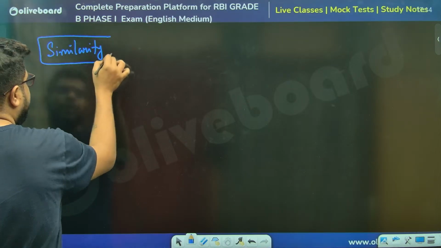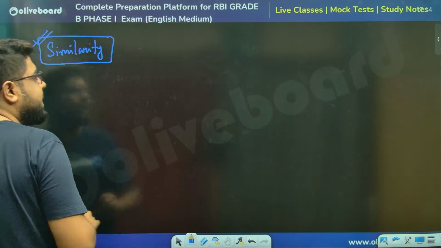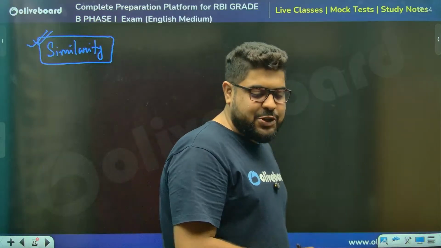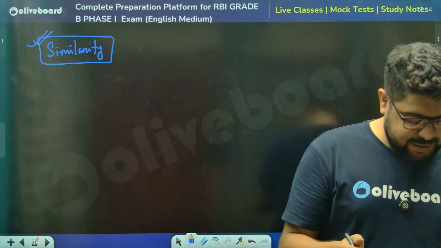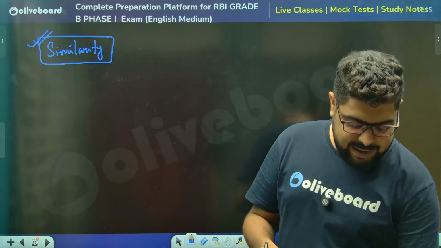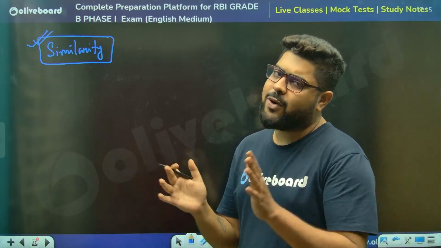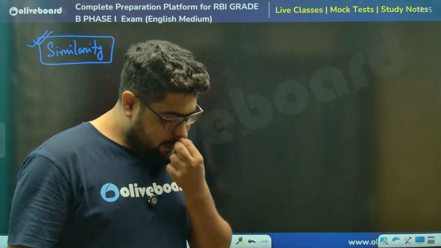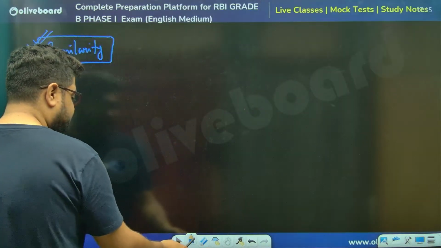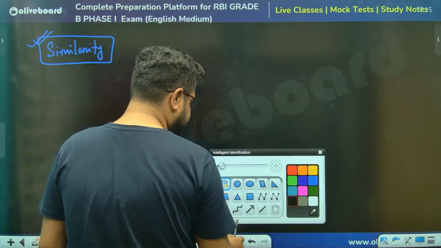A very good example of understanding similarity. You see, in our geometry box, we all had geometry boxes during our school days. In our geometry box, we always used to have a set square.